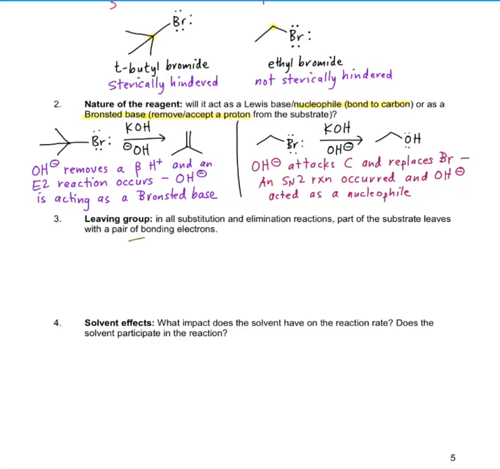The overarching idea for substitution and elimination reactions is what we said on the very first page of this, which is the weaker something is as a base, the better it is as a leaving group. So weaker bases make better leaving groups.